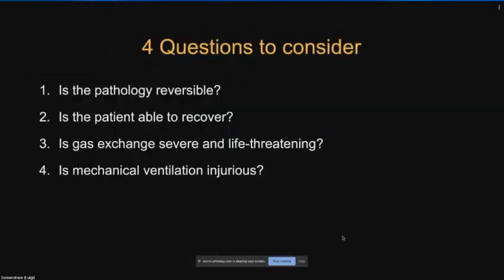And I think when we think about ECMO, well, in any condition, but certainly in a situation where the resources might be more difficult to manage, in a situation of pandemics, clearly we need to think of 4 questions.